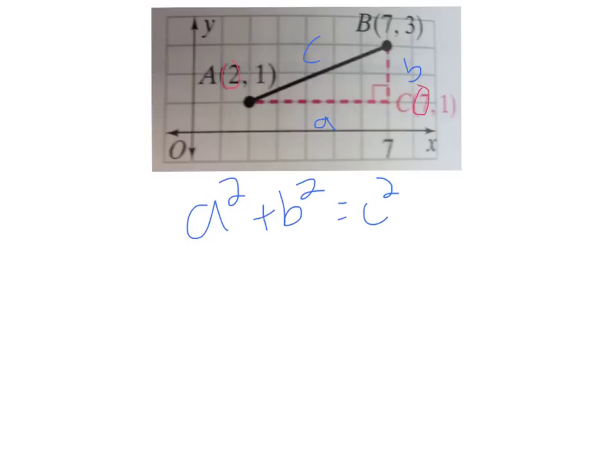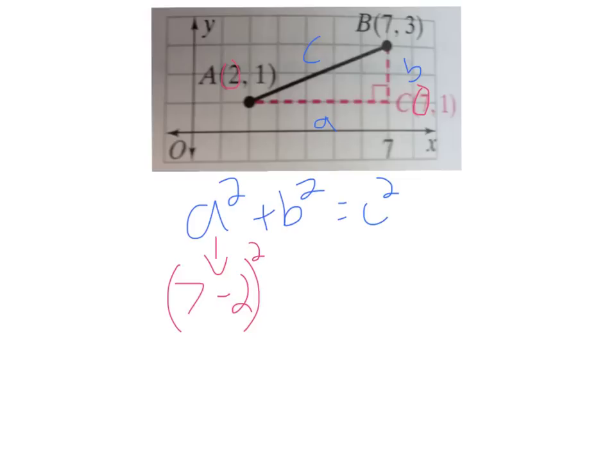So what is the difference between 7 and 2? That's like saying 7 minus 2, correct? That is our distance for A, isn't it? Think about it again. 7 over here minus 2 is our distance right here, because here's 7, here's 2, there's our distance, okay? So we have 7 minus 2, which is our distance there.